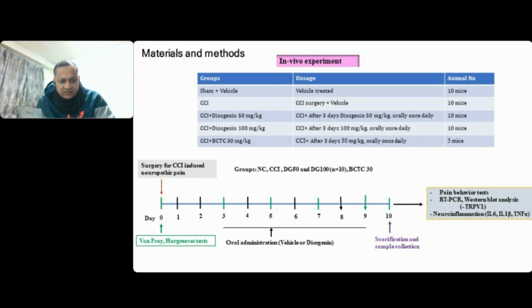Until 3 days we again evaluate the pain level, and when we confirm that the CCI model induced pain sensation and chronic pain, we move to the treatment, to see how Diosgenin can improve the pain condition, or how it can reduce or attenuate the pain sensation.